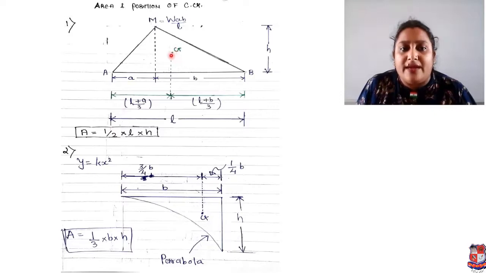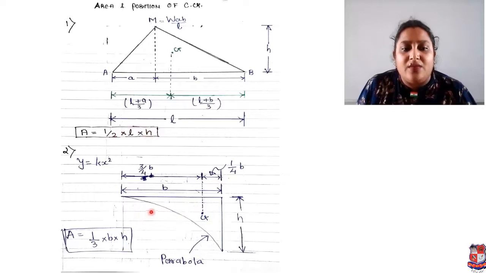You can see that green dot indicating G. So CG is somewhere at that point. This is A distance, this is B distance, height H is given. So it is L plus A by 3, L plus B by 3.